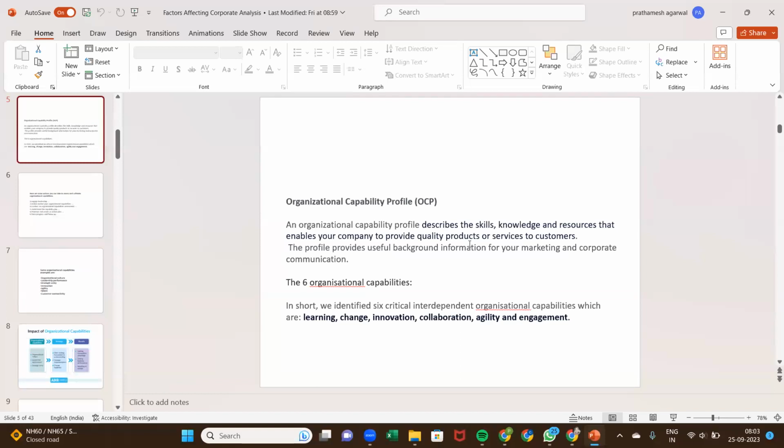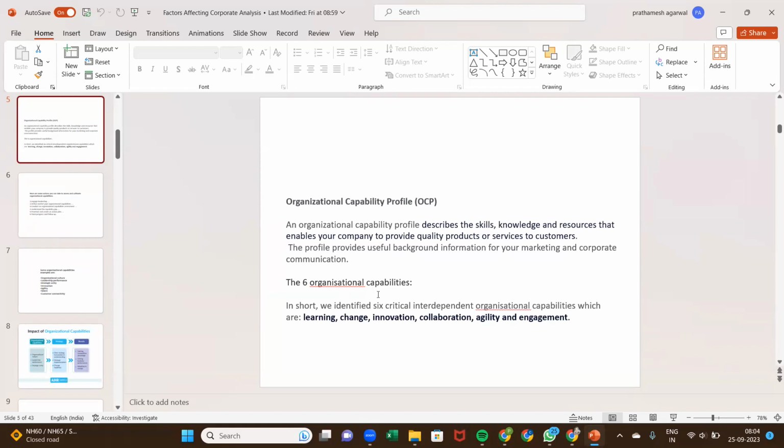Hence, your resources should be used in an optimum way. Secondly, the profile provides useful background information for your marketing and corporate communication.